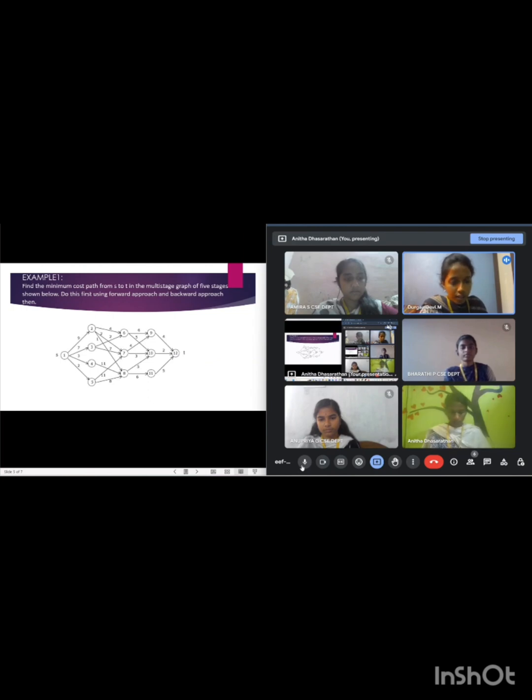When we go for 10, there are 3 edges coming from 6, 7 and 8. For 6, the cost of the 6 is 9 plus the edge length 5 is 14. And then for 7, the cost of the 7 is 11 plus the edge length 3 is 14, again 14. And from 8, the cost of the 8 is 10 plus the edge length 5, 15.